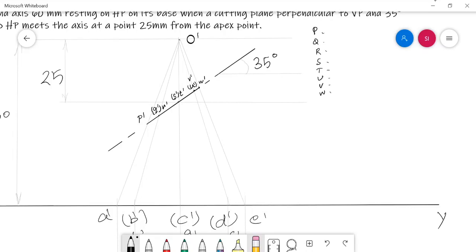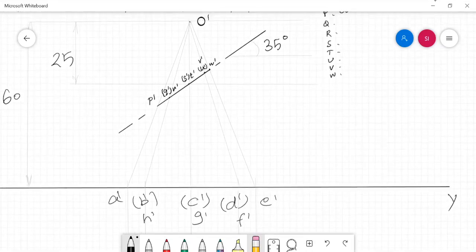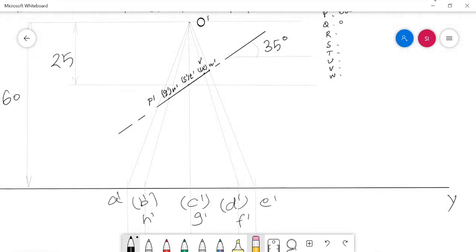The point P is obtained in the edge OA. Point Q is obtained in the edge OB. And point R is obtained in OH. Point S is obtained in OC, point T is in OG, point U is in OD, point V is in OF, and point W in OE.